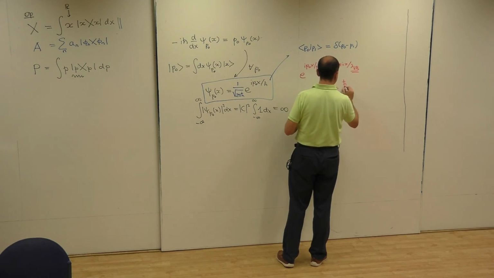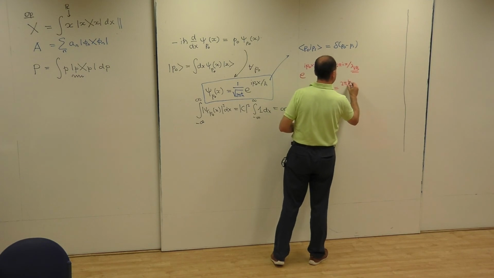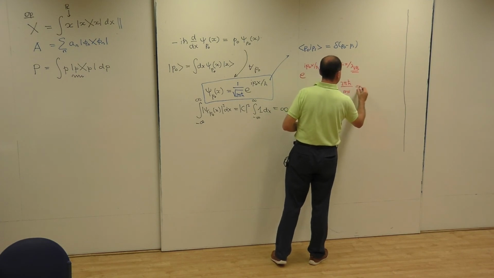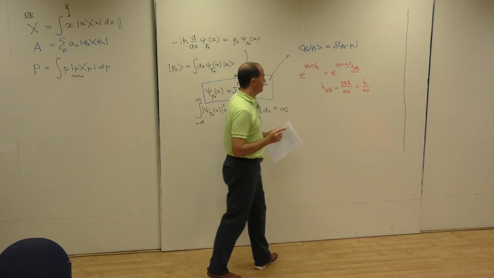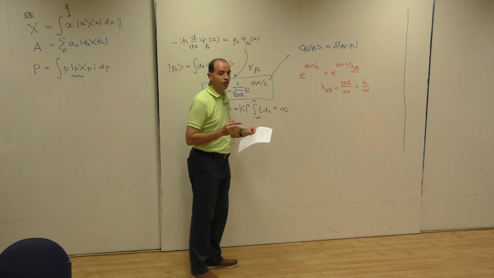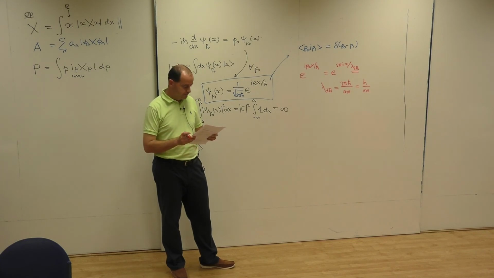If you identify these coefficients, you find 2 pi h bar over mv, which is equal to h, Planck's constant, over mv. This is called the de Broglie wavelength, and you have a tutorial where you're asked to estimate these for an atom, for a human being, and for other objects of interest.